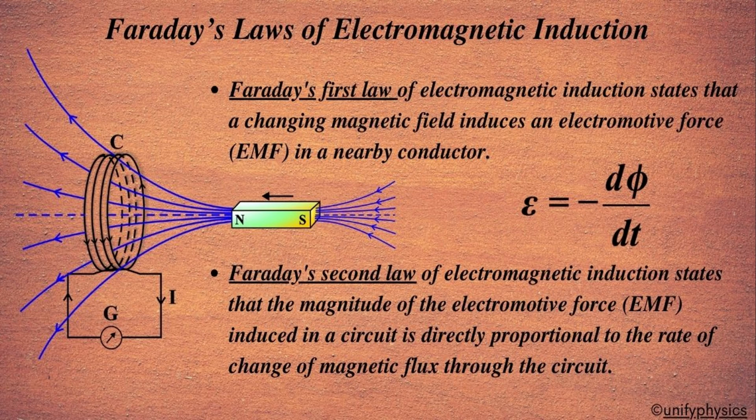The second law of electromagnetic induction states that the magnitude of the induced EMF in a circuit is directly proportional to the rate of change of magnetic flux through the circuit. And the first law is also called Lenz law, which tells about the negative sign of magnetic flux. That means it opposes the cause from which it is produced.